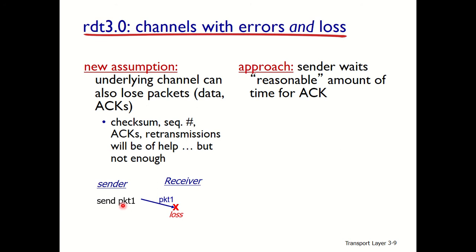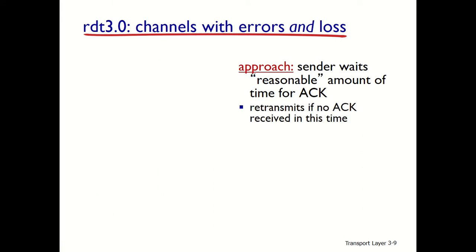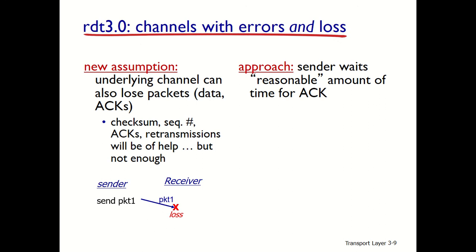If within that time the acknowledgement or negative acknowledgement is not received, the feedback doesn't come, it means that the packet is lost or the acknowledgement is lost. In either case, the sender should retransmit the packet after the timer expires. After the timer expires, packet 1 will be retransmitted.